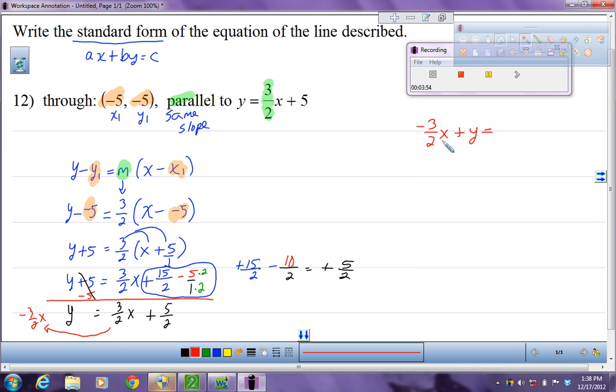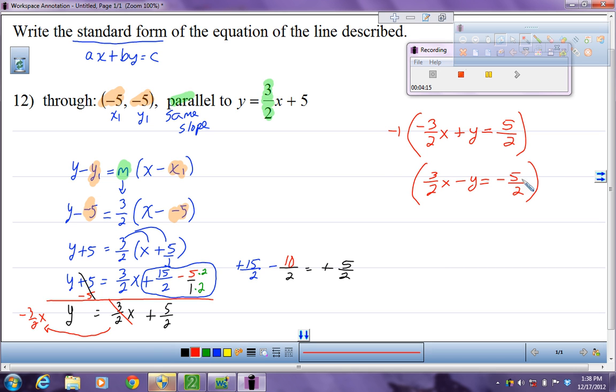Then this guy moves, and I have 5/2 over here, which is cool. They say the a cannot be negative, so everything gets multiplied by -1. So basically just change the signs.